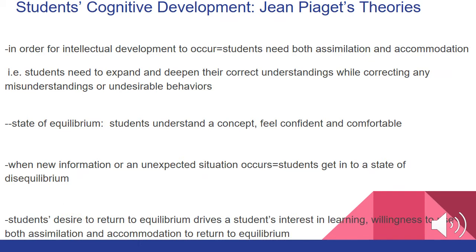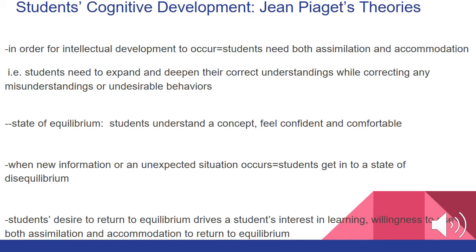However, it is really important to note that in order for intellectual development to occur, children need to practice both assimilation and accommodation. When they have correct prior knowledge or correct schema, they want to build upon that.